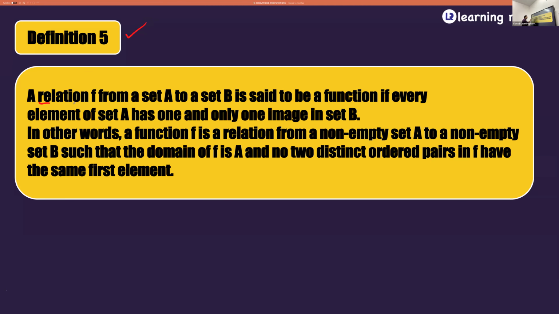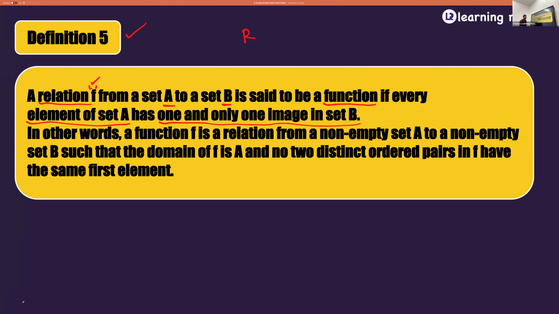Generally relations are represented with the symbol capital R. Here the special type of relation which acts as a function is given the name F. A relation F from a set A to another set B is said to be a function provided every element of set A has one and only one image in set B. This is the crucial part on which we need to concentrate. Observe.